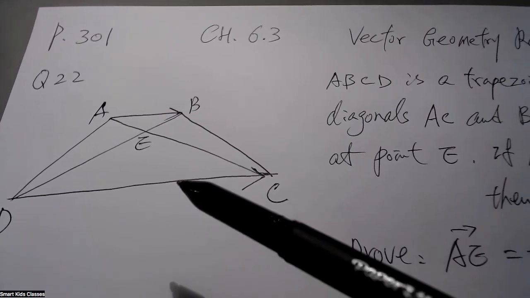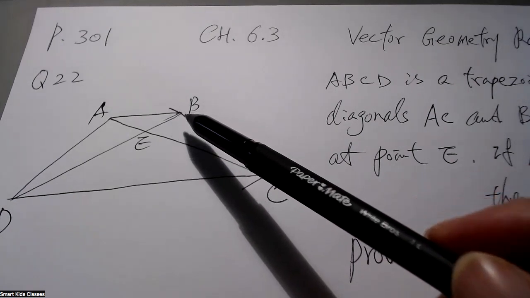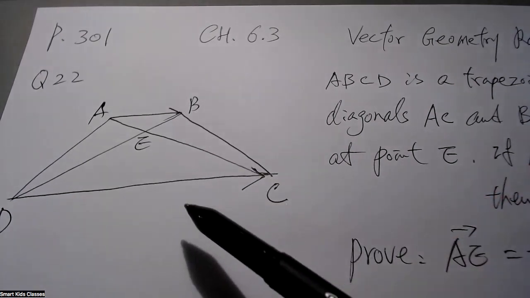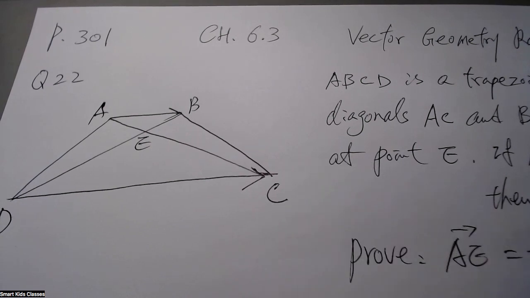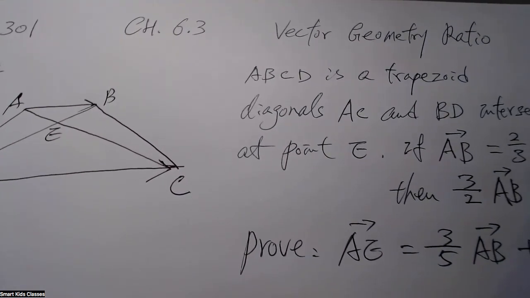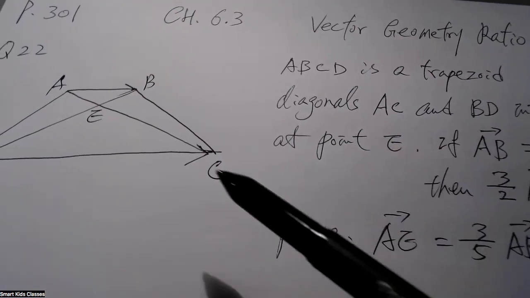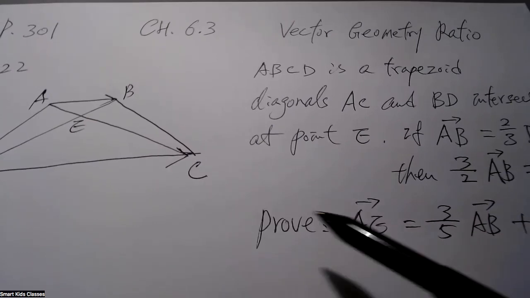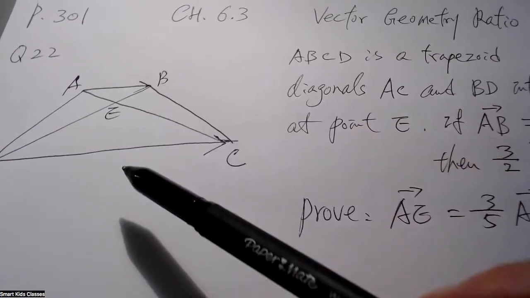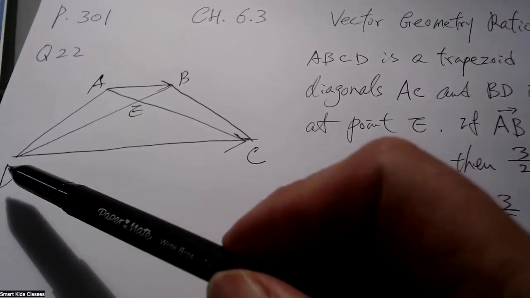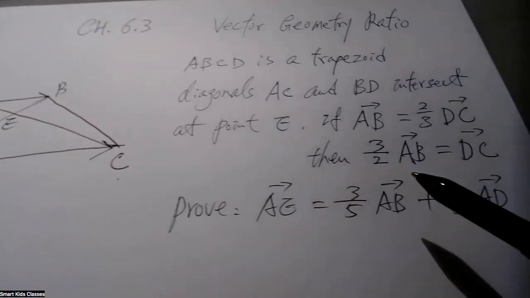So I draw the trapezoid and the two diagonals. That's the vector direction. So for AB and DC. Now we write down all the elements in the question: diagonals AC and BD intersect at E, and AB, the top line, is equal to 2/3 of the baseline DC.